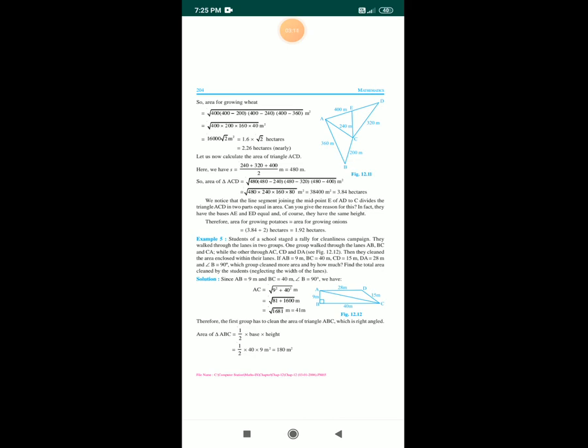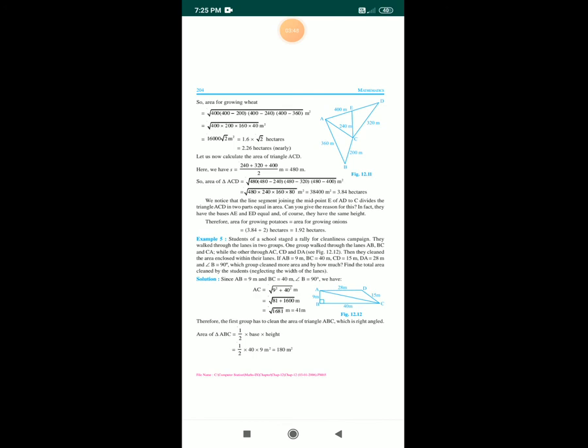So let's now calculate the area of the triangle ACD. Here we have semi-perimeter s equal to (240 plus 320 plus 400) meters divided by 2, equal to 960 meters divided by 2. We get finally 480 meters. So the area of triangle ACD is equal to the square root of 480 into (480 minus 240) into (480 minus 320) into (480 minus 400) meter square.